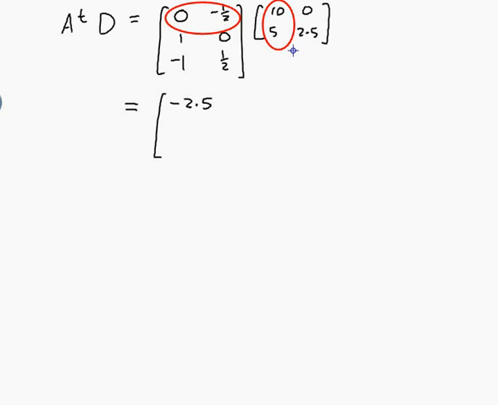In general, I would use fractions because that's tradition for most of mathematics, but since this one's got a decimal in D, I'll use decimals for my answers. Okay, so row 1 of A transpose and column 1 of D goes in row 1 position 1 of the answer. And so now I would move on to row 1, column 2. So 0 times 0 is 0, minus a half times 2.5 would be minus 1.25.